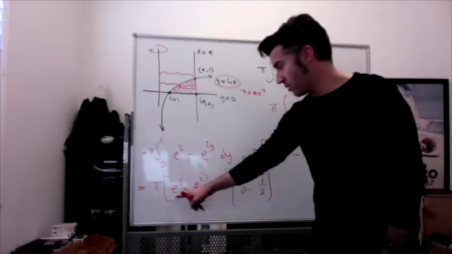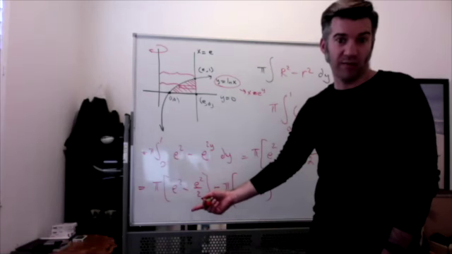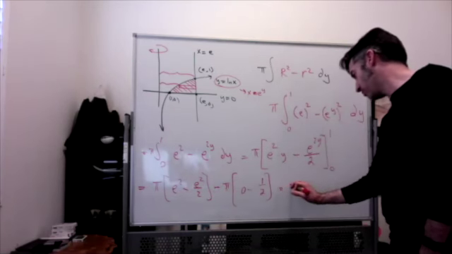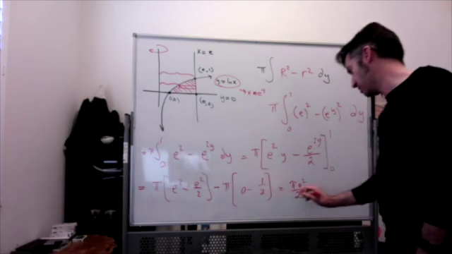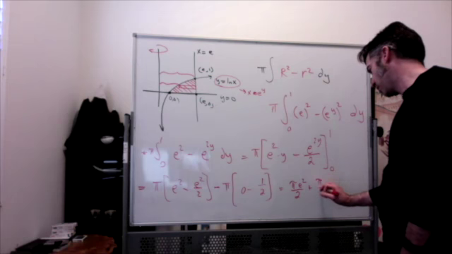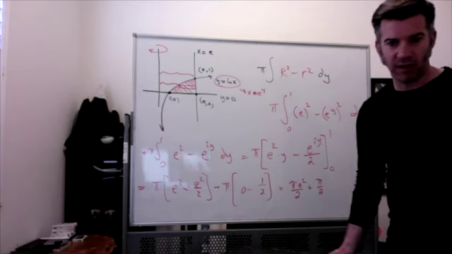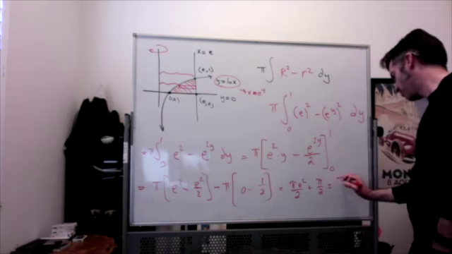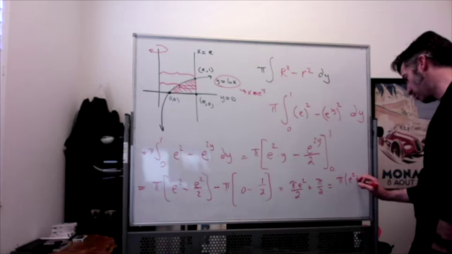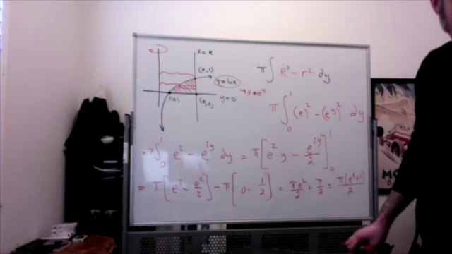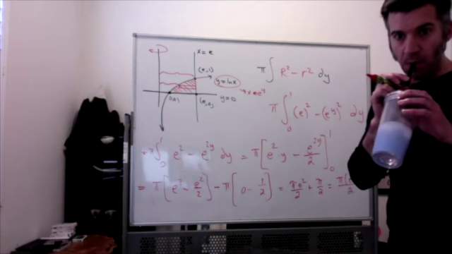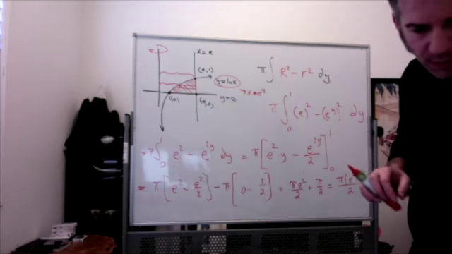So e squared minus half of e squared is half of e squared. So you get pi times e squared over 2, minus a minus is plus pi over 2. Or you can write it as one big fraction, pi times (e squared plus 1) all over 2, if you prefer. Okay.